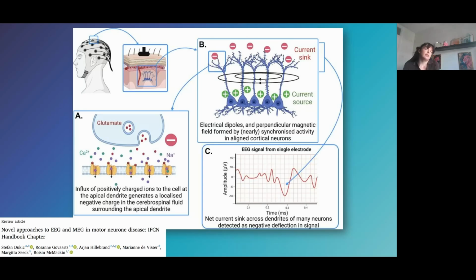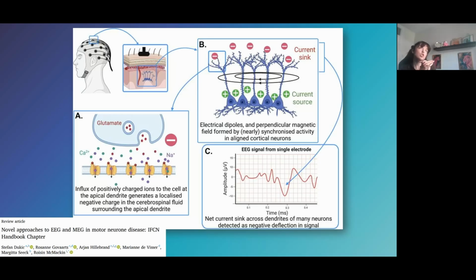What that does, in summary, is generate these two areas of separated electrical charge. The electrical charge that is under the sensor, particularly where those signals are coming in, is what is detected by the sensors that we have on the scalp. In that way, we're directly measuring when the neurons are receiving signals, and this can be from all different types of neurotransmitters.